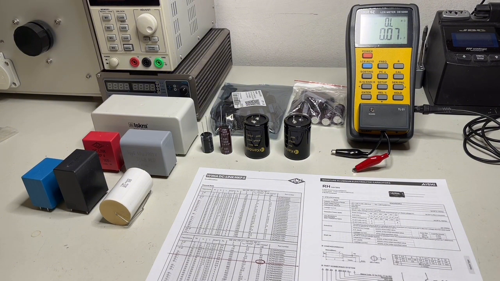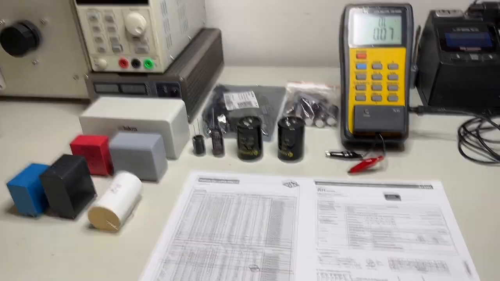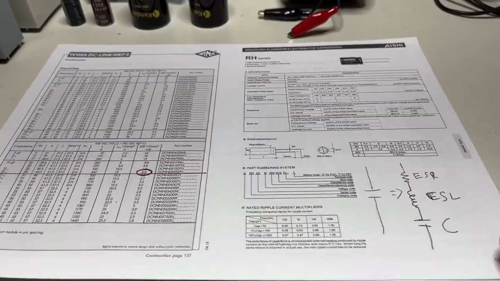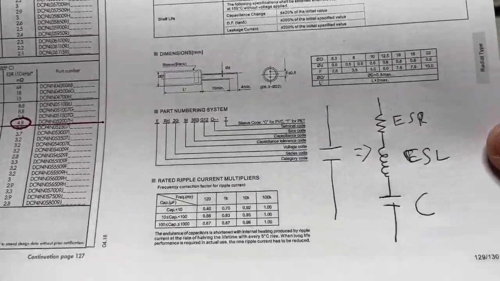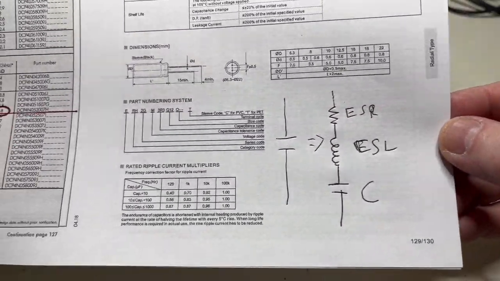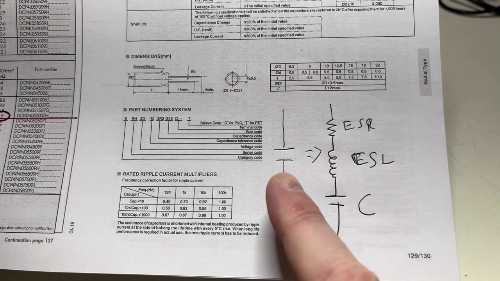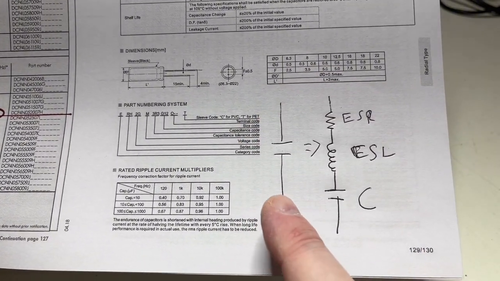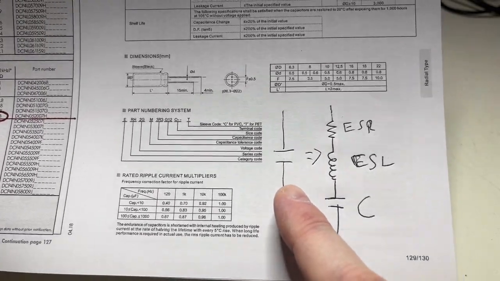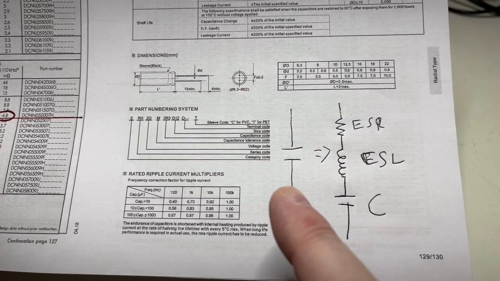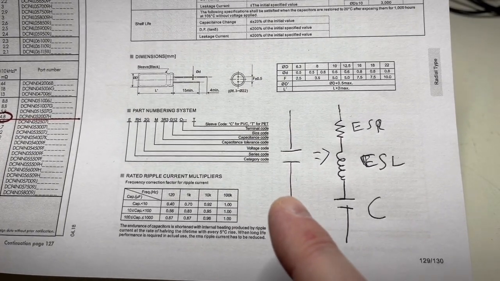Just for the beginning, and this will be the only theory for today, nothing else. What are we speaking about? We are speaking about capacitors and the ESR. So, my beautiful drawing here, this is how a capacitor should look in an ideal world.